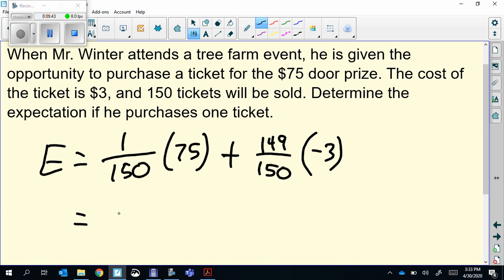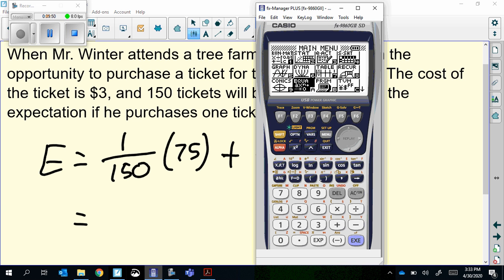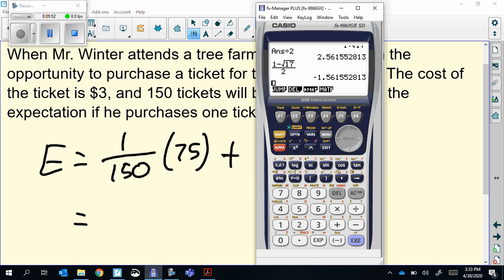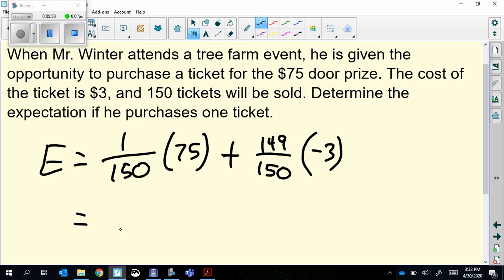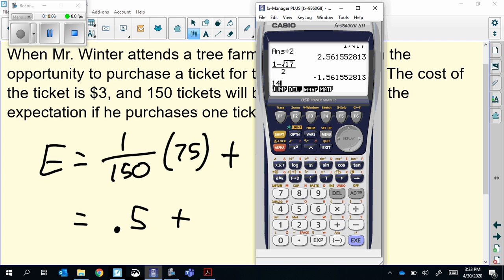All right, so let's multiply these out. $75 times 1 divided by 150 is 0.5, plus 149 times -3 divided by 150 is -2.98.